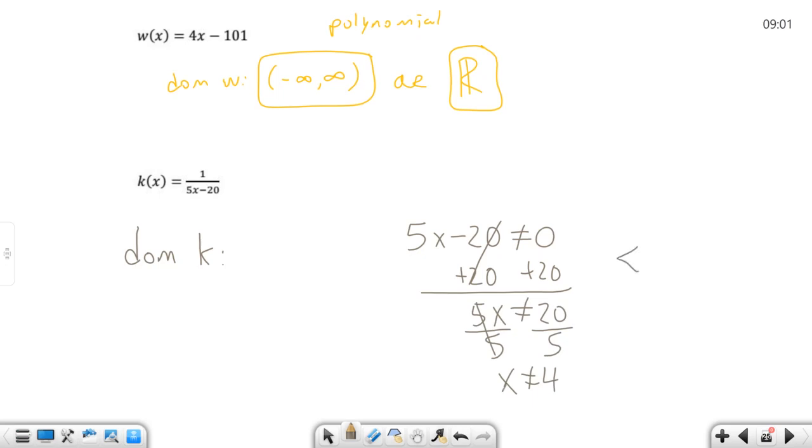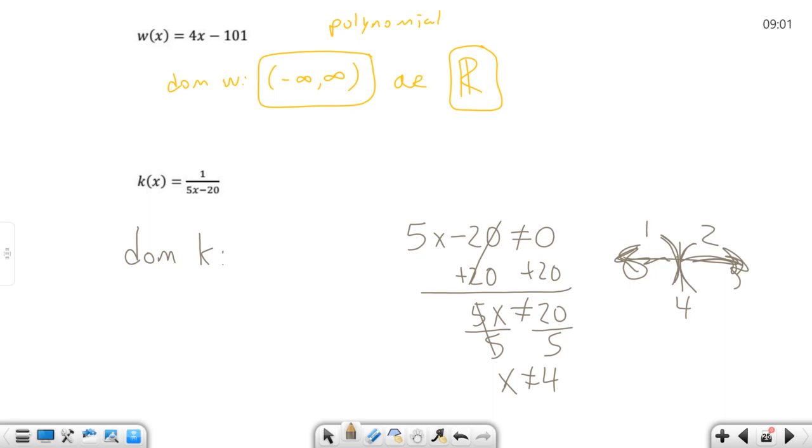So what that means is if I do a number line again, I'm taking the number 4 and I'm basically chopping the number line right there. I got an interval on this side of it and an interval on this side of it, okay? And I'm going all the way out to negative infinity, right? So I got 1, 2 intervals. You always have one more interval than numbers you leave out if all you're doing is chopping it up with a fraction, right?